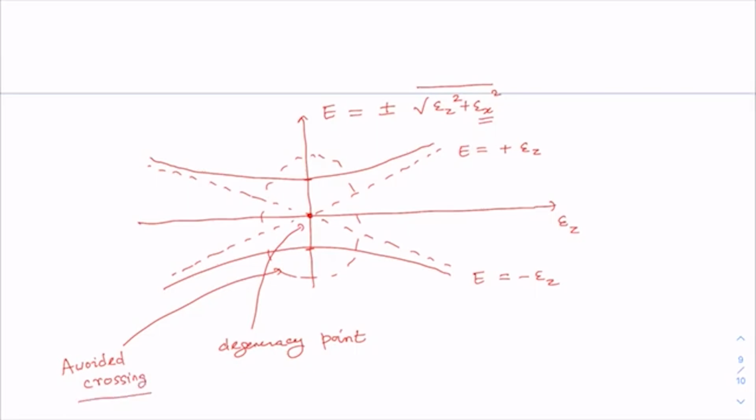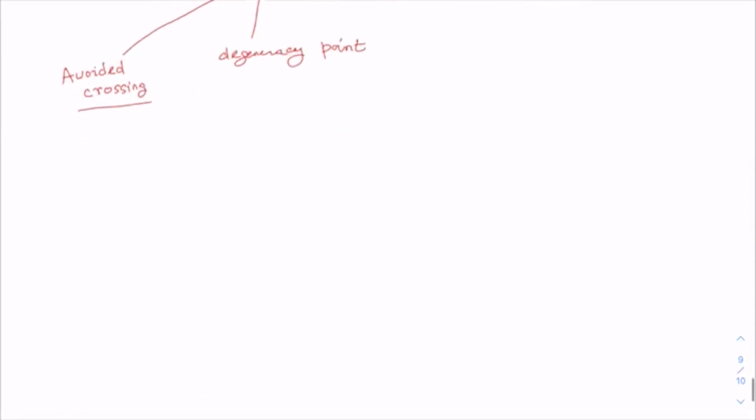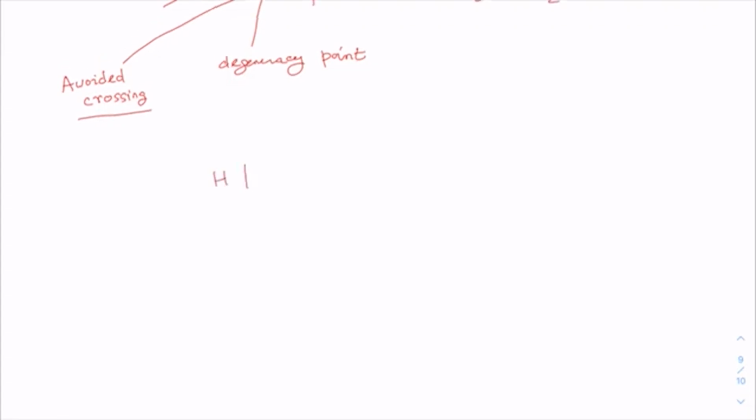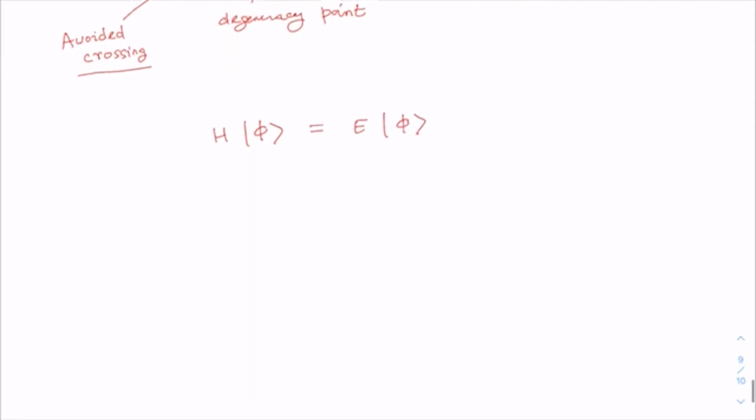What about the eigenvectors? Let us work it out. The eigenvalue equation we have is H ket phi is equal to E ket phi. As we are in two-dimensional Hilbert space, we can write ket phi as a column vector with two elements u and v.